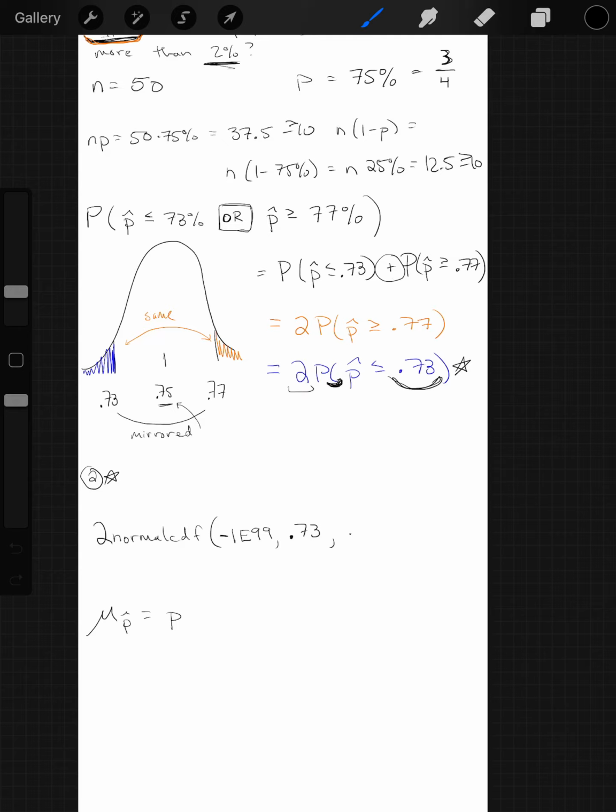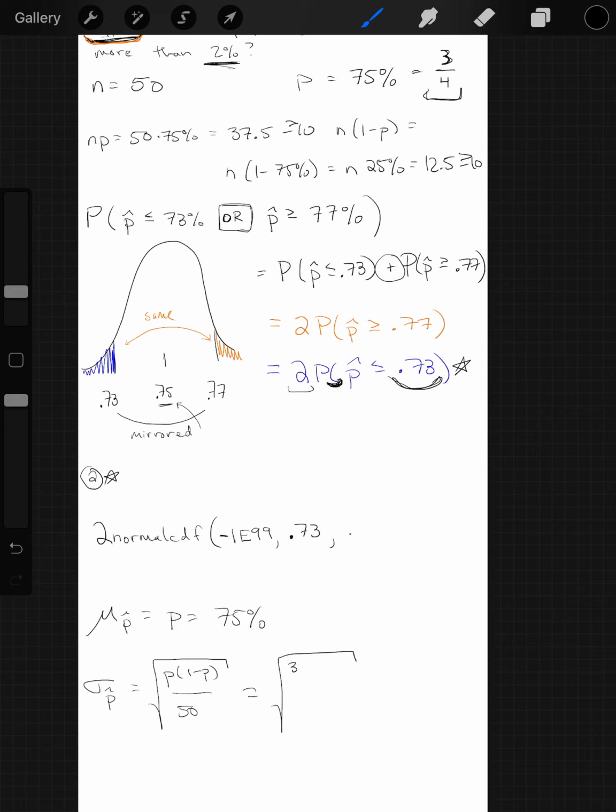Mu p hat is going to be p, so it's going to be 75%. Sigma p hat is going to be the square root of p times 1 minus p all over 50. This is where I like to use the fractional form specifically.